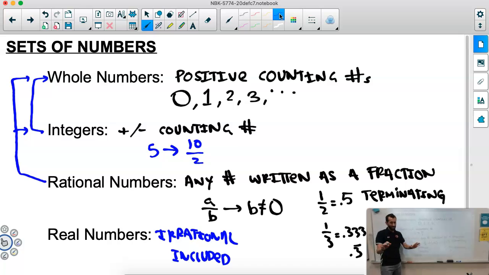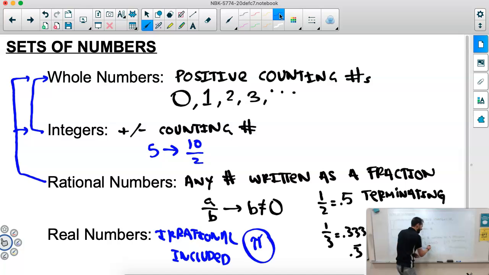For now, we're not going to take a ton of time to talk about those. Simply put, it is a fraction that doesn't meet one of these qualifications. So it has to not meet both. So it's not going to terminate, and it's not going to repeat. The most famous one, if you could think of it that way, is the number pi. Pi is an irrational number. It never ends. It never repeats.